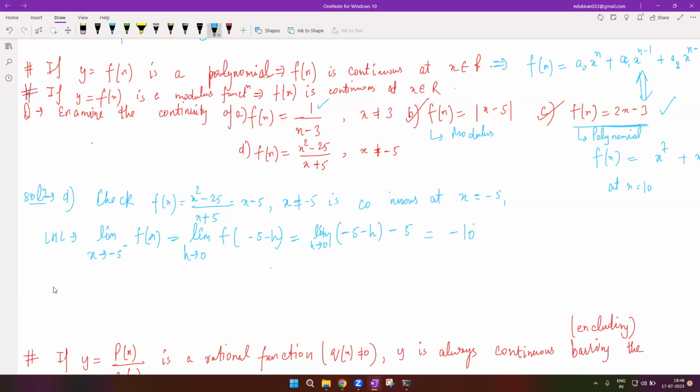But you will write that f(x) is not defined at x is equal to -5. It implies that RHL will also be this. You can check that out. RHL will be the same.